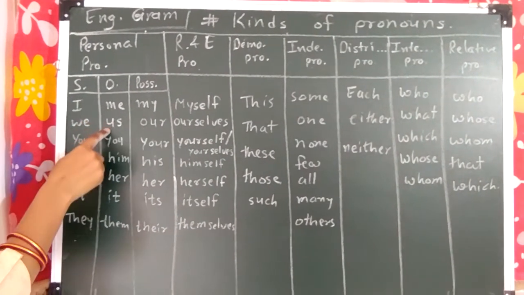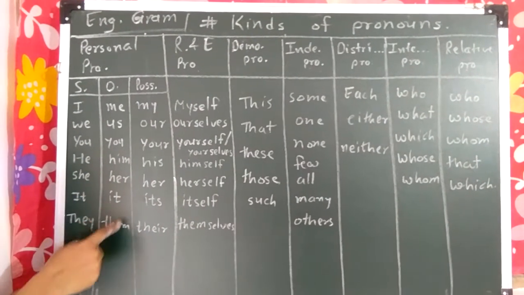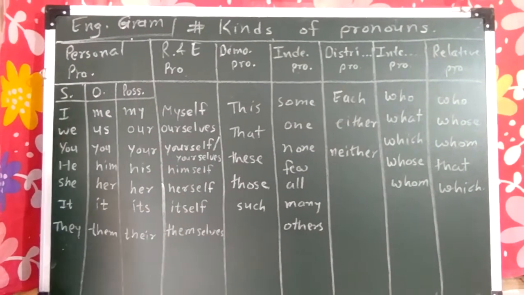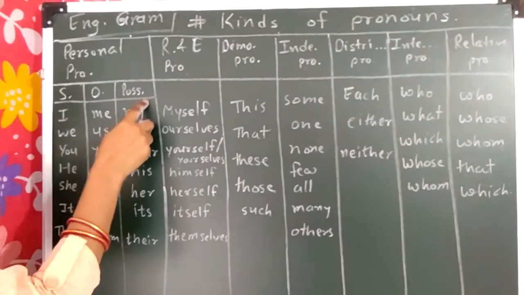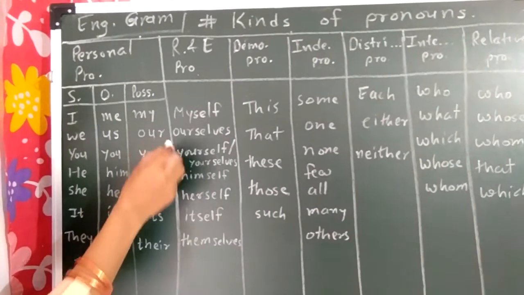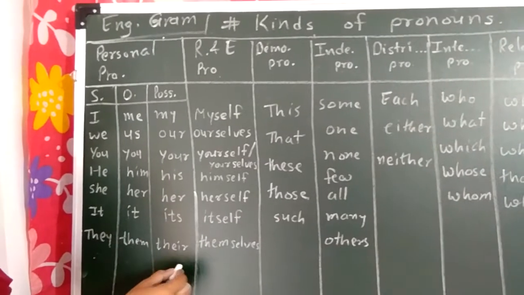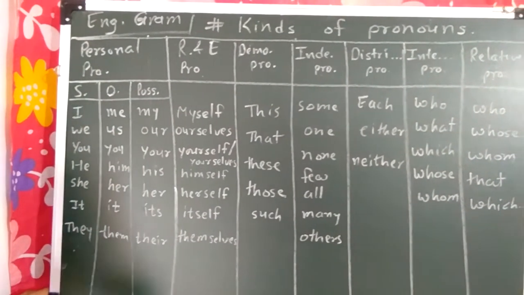Now we have me, us, you, him, her, it, and them. They are used in place of an object, so they are objective pronouns. Now possessive pronouns: my, our, your, his, her, its, and their are the possessive pronouns.